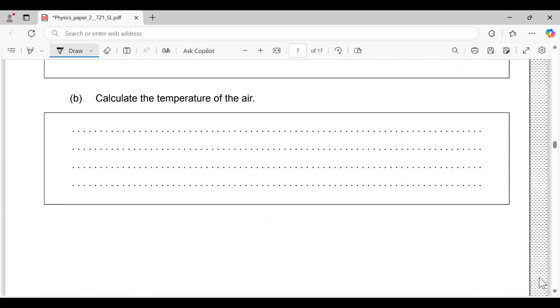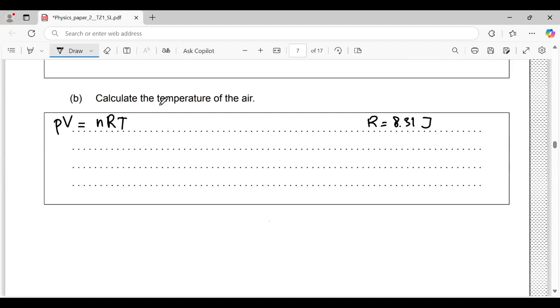Calculate the temperature of the air. We are going to use this formula: PV equal nRT, where P is the pressure of gas and V is the volume of gas, n is the number of mole of gas, R is an ideal gas constant, R is 8.31 joules, while T is temperature.